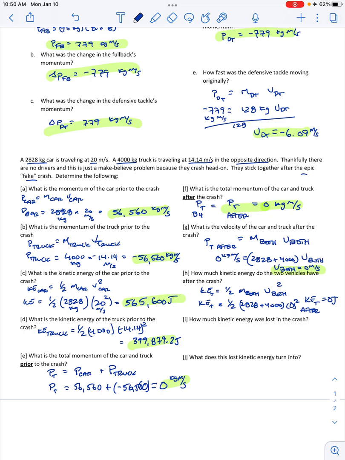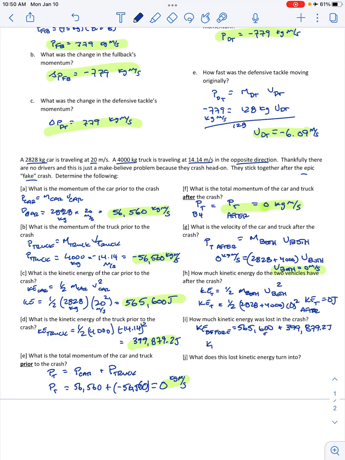How much energy was lost? Well, prior to the crash, KE before was 5,600 plus 399,879.2 joules.